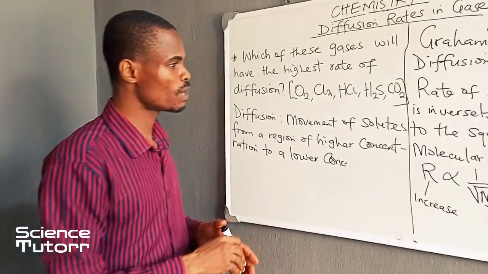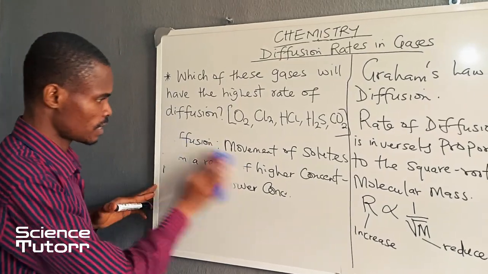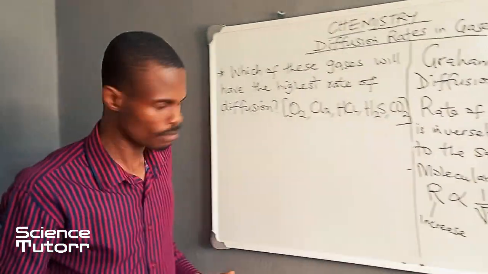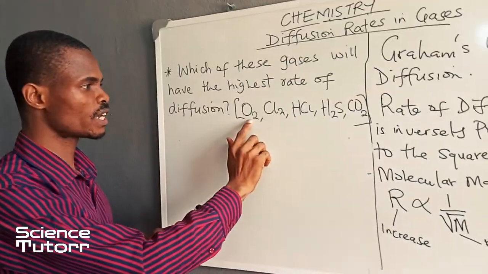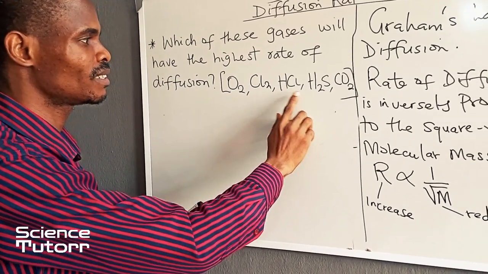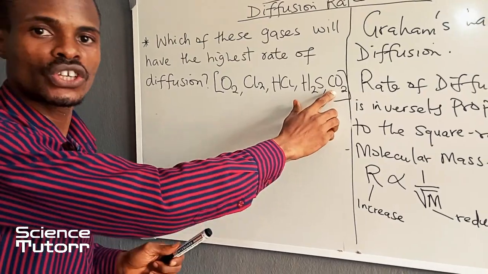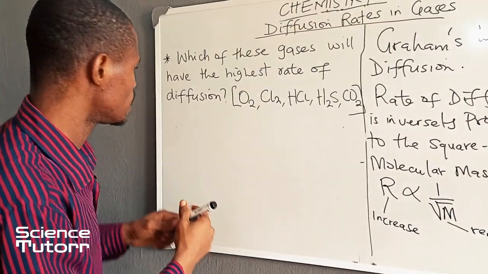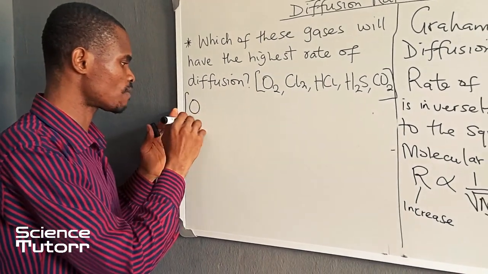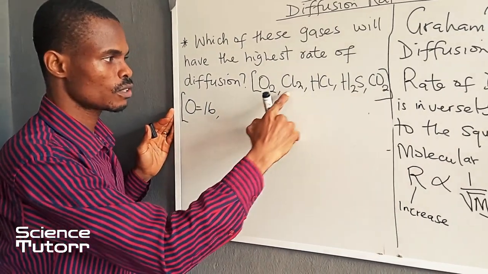Now, looking at the problem, let's go into the problem quickly. To solve this problem, I have oxygen gas O2, chlorine gas Cl2, hydrogen chloride gas HCl, hydrogen sulfide H2S, and CO2, carbon dioxide. For each of these gases, first of all, the relative atomic mass for oxygen we know to be 16.